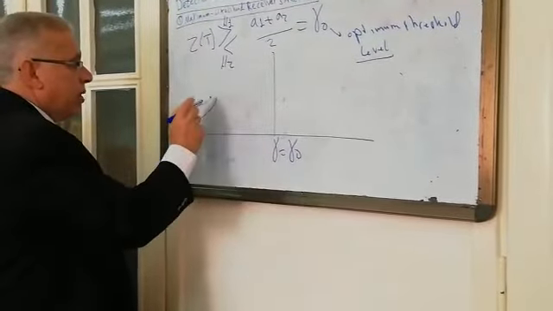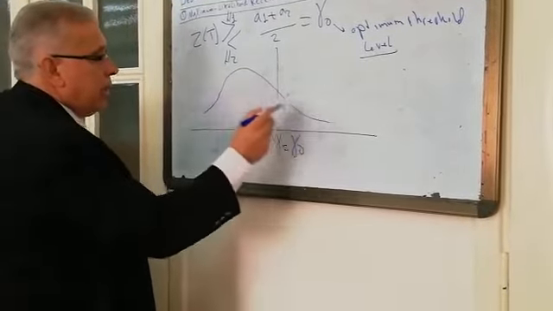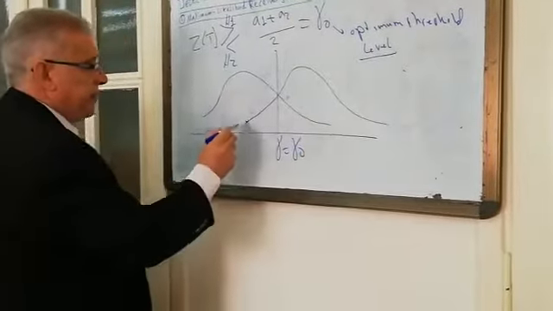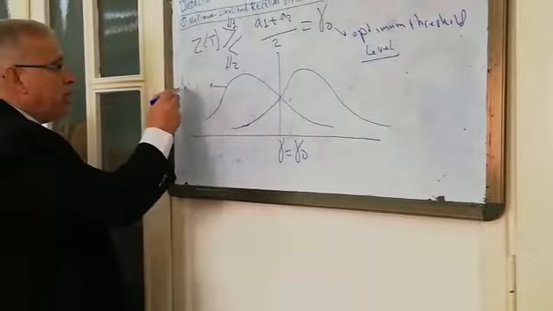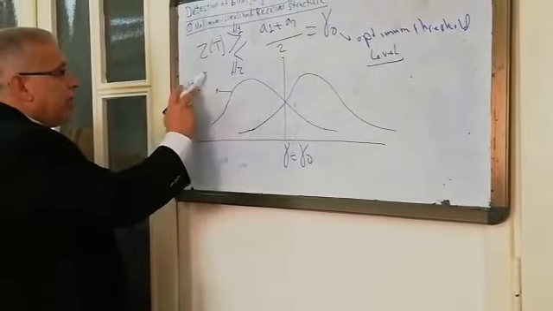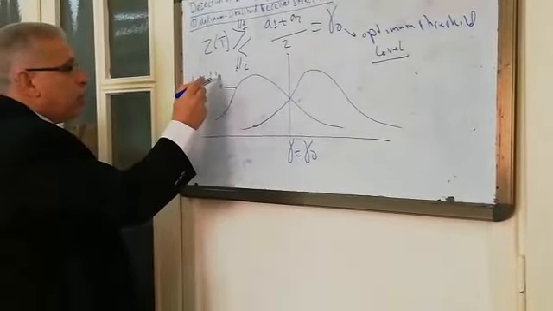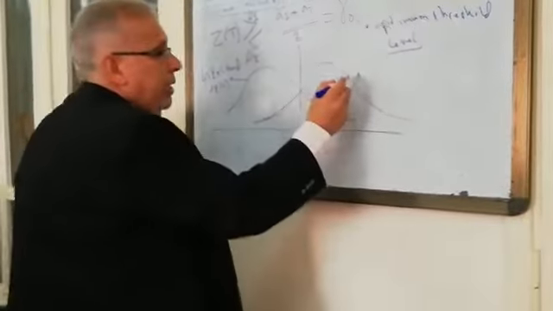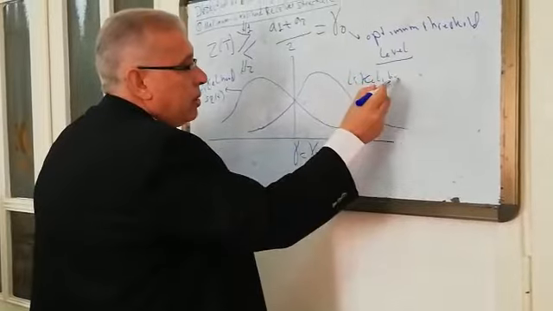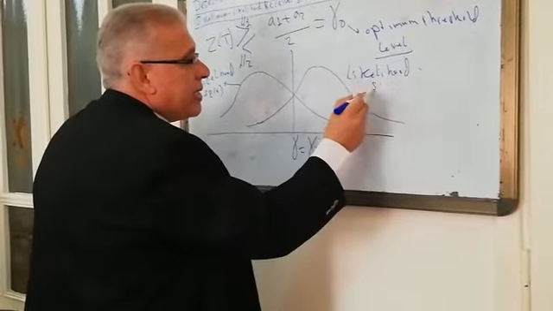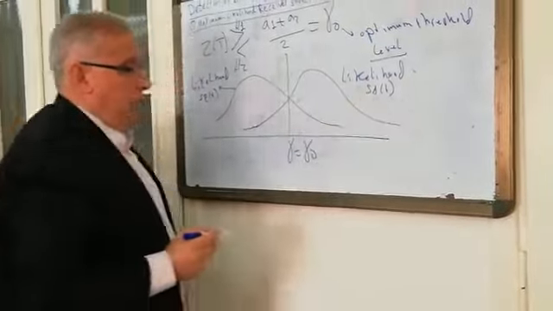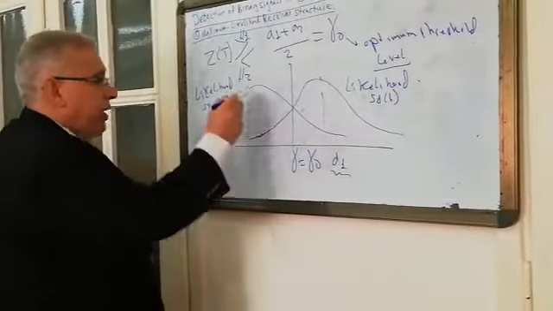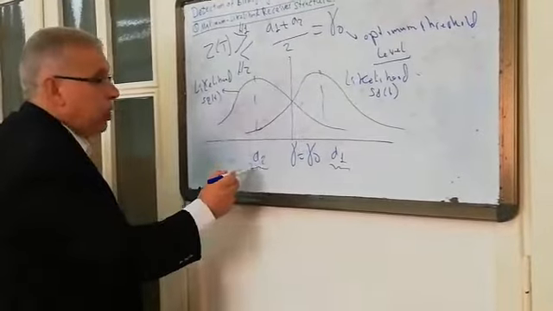I'm going to draw now the likelihood of S2 and the likelihood of S1. Here will be A1, the signal component of S1. Here will be the signal component A2 of S2.